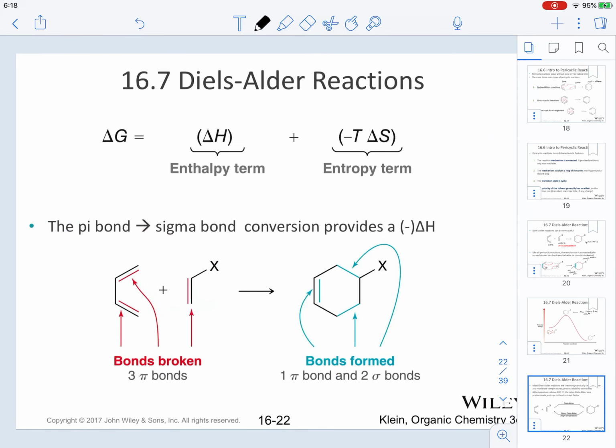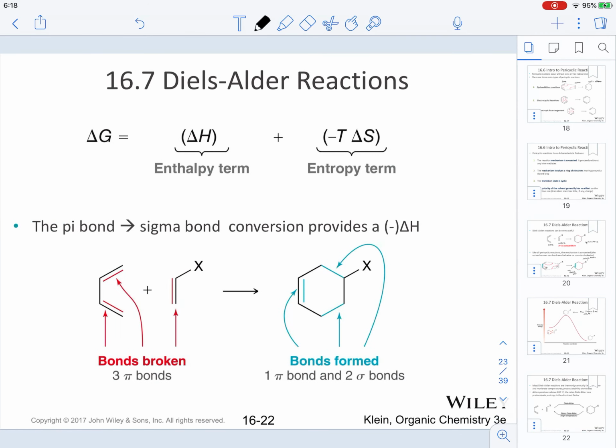So, in order to understand the Diels-Alder reaction and the stability overall of the reaction, we actually need to think about the delta G for the reaction. Remember that when we have the delta G of the reaction, we are going to be looking at different components.